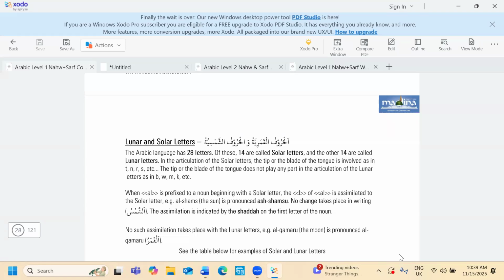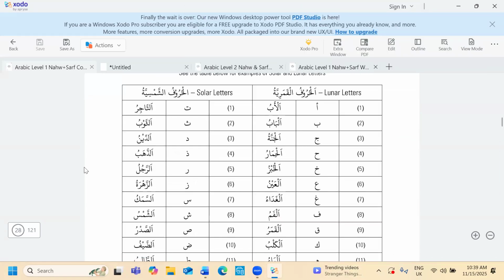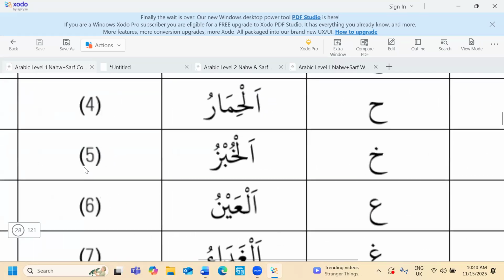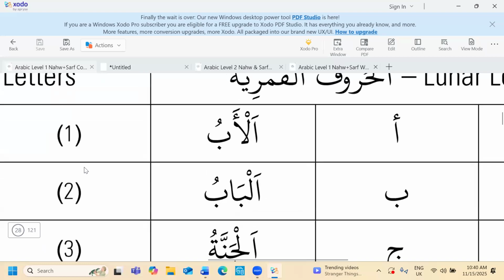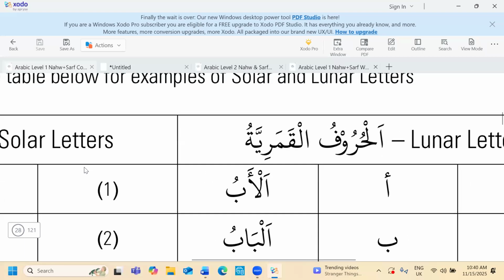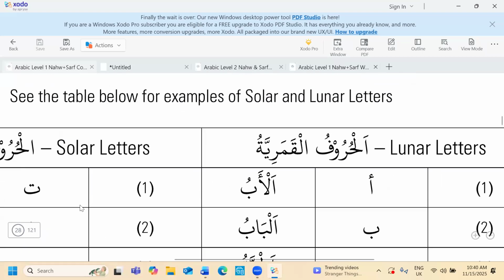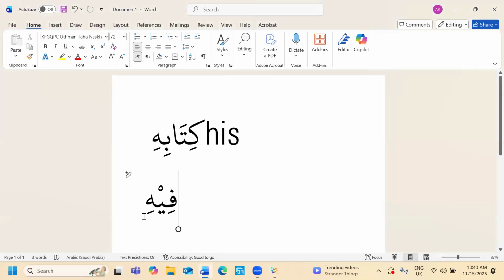Okay. So sometimes when we're adding an al to a word, for example, the word, let me write it here.